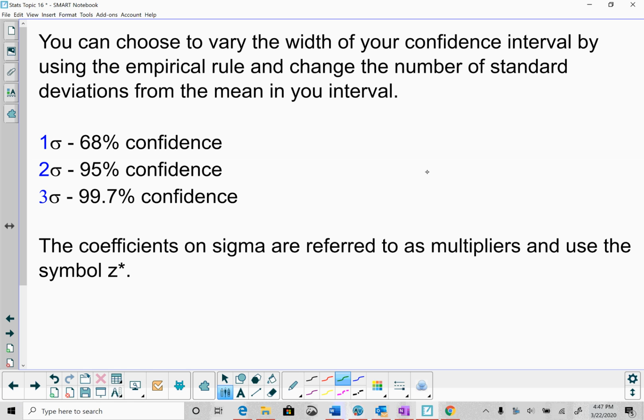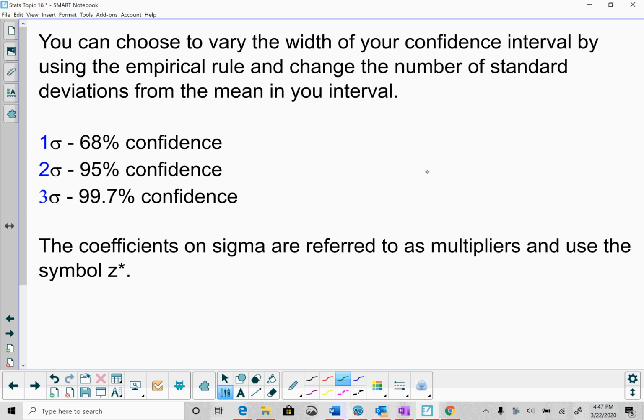I can be 100% confident that it's somewhere in this range, but that's not a useful statistic. It's not a useful confidence interval. So what we're going to do is try and do some calculations here and come up with something a bit more meaningful than that.